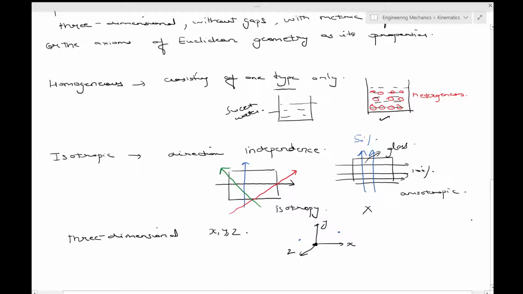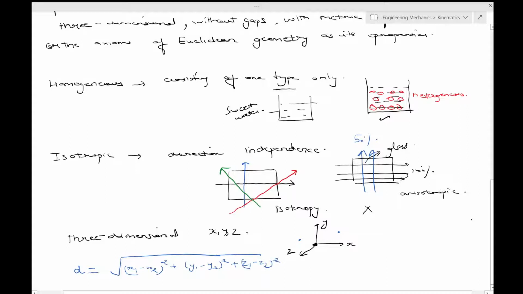Now the distance between these 2 points: if you have the coordinates of one as x1, y1, z1, and the coordinates of the other as x2, y2 and z2, the distance between these 2 points is the square root of x1 minus x2 whole square plus y1 minus y2 whole square plus z1 minus z2 whole square.